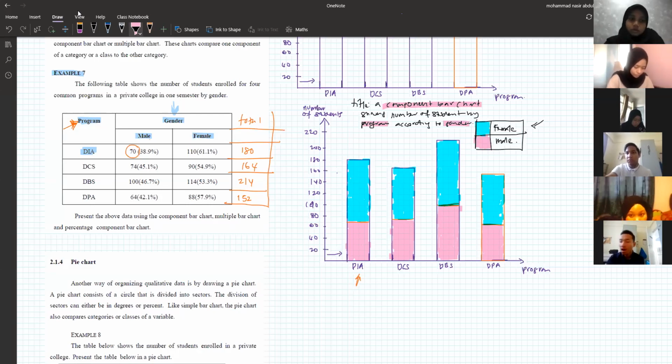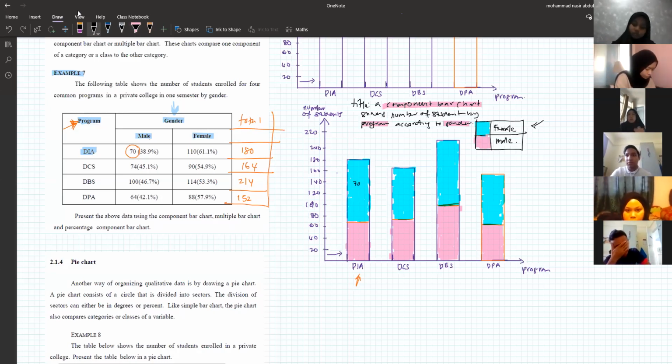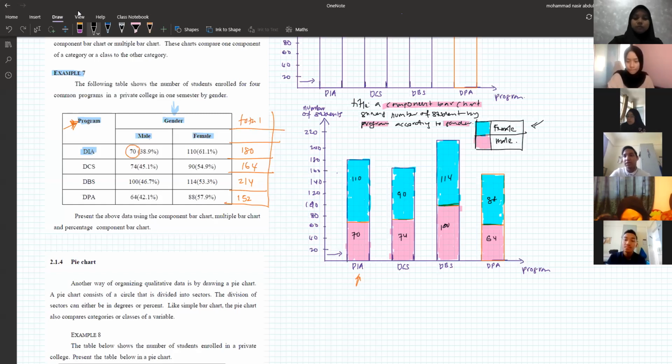So the best way, if you want to add some more, you can add the frequency value for each. This one is going to be, this is 110, this is 70, this is 90, this is 74, 114, 100, and this is 88, and this is 64.